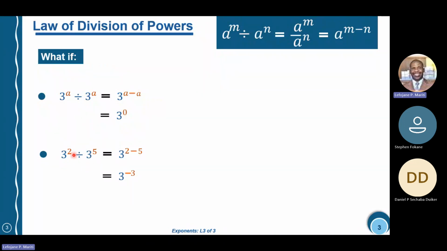Now we swapped the two powers around and applied the rule. Now it's 3 to the power 2 subtract 5, and we end up with 3 to the power negative 3. And we wanted to find out what the answers to this in their simplified form would be, and that's the reason why we are meeting and concluding this lesson on exponents today.